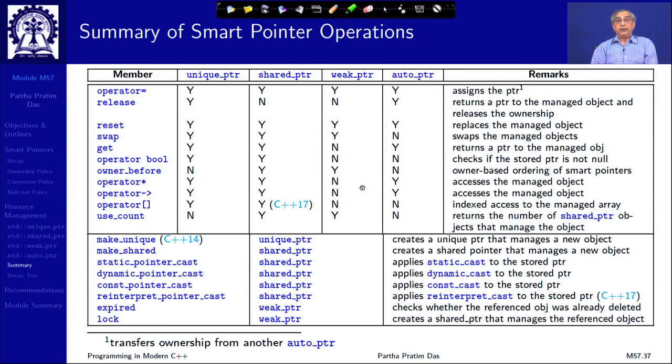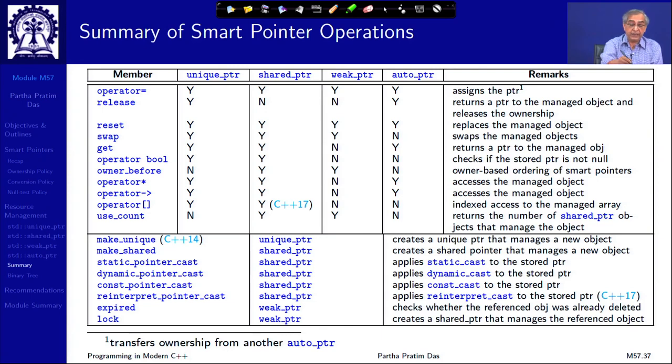Now here, as I usually do, I have given a summary, one single slide chart of the different member functions. These are not an exhaustive list, but these are the major member functions that you have, and which member function is available in which kind of smart pointer and what it means. So you can study this and you should be able to understand why.